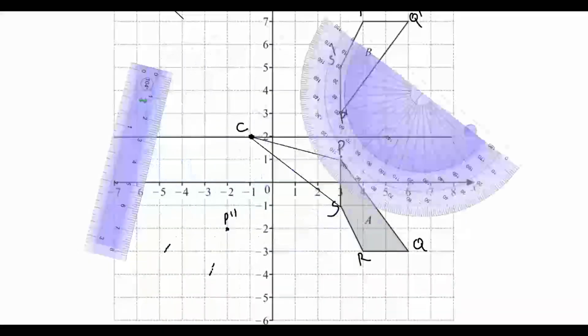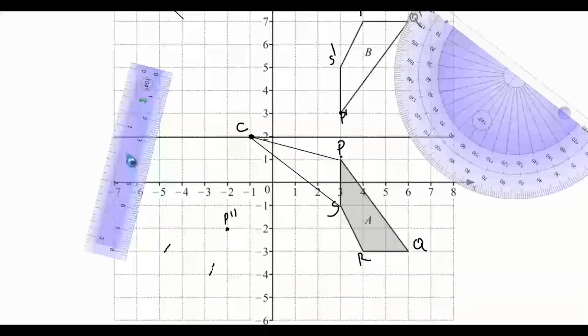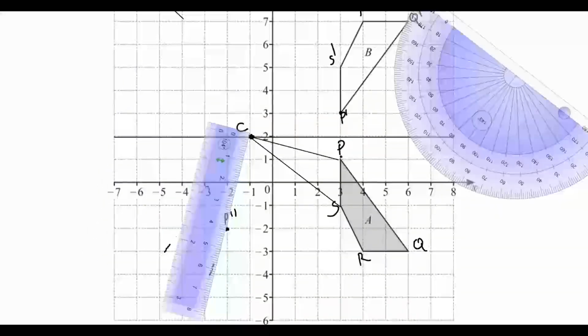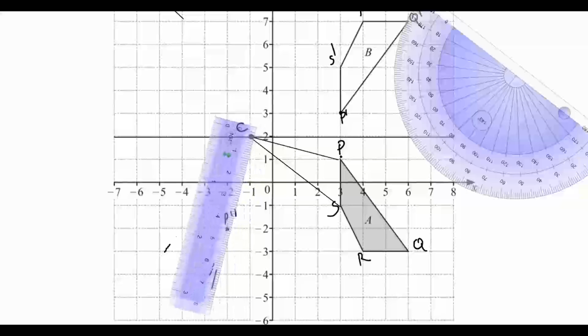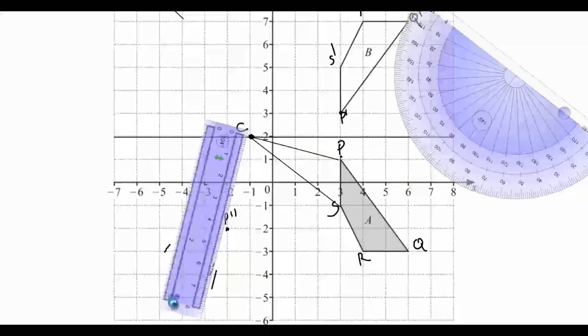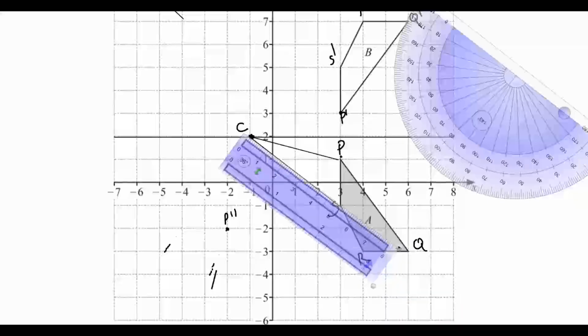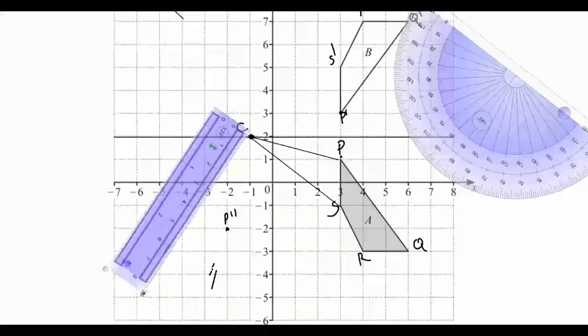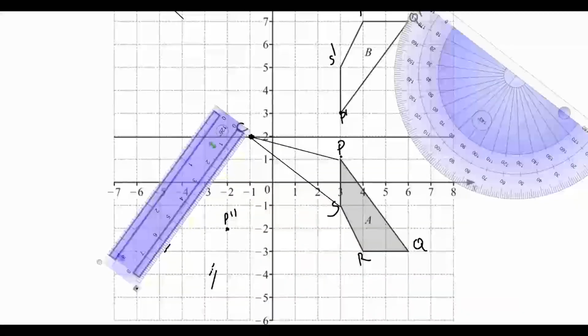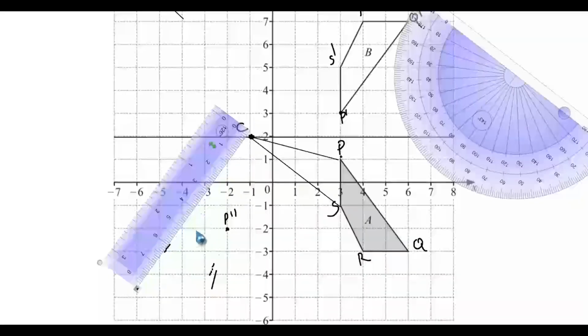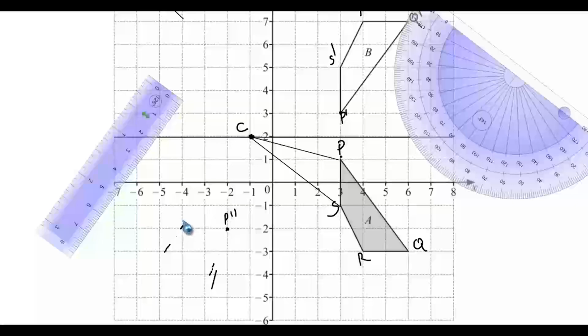Then we'll remove the protractor. Then let's measure the distance between C and S. So we need 0 here. Then let's take this here. So this is about 5.2. So let's take it to this angle here. So 5.2 should be here. So it will be this point here. That will be point S prime prime. So this will be S prime prime. So let me remove this.